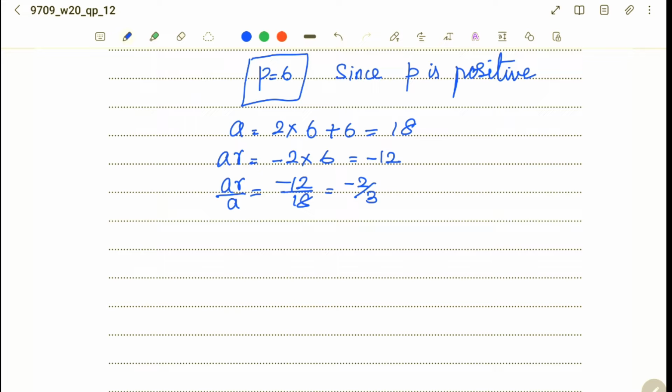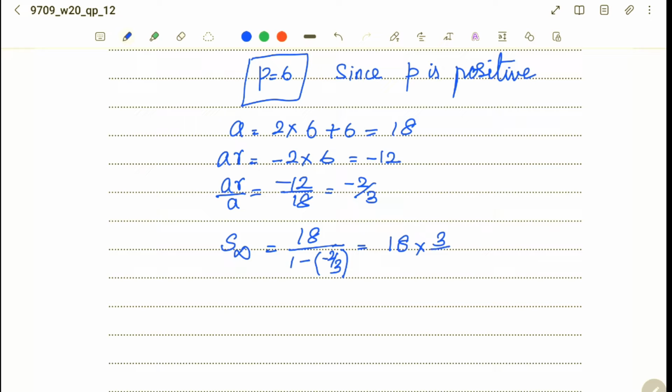Now we know the values of a and r, and the sum to infinity of our geometric progression is a divided by 1 − r. So the sum to infinity is equal to 18 divided by 1 − (−2/3), which is 1 plus 2 over 3, that is 5 over 3.